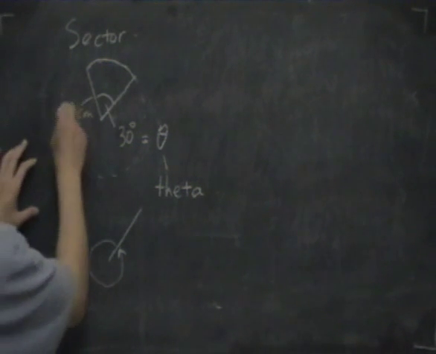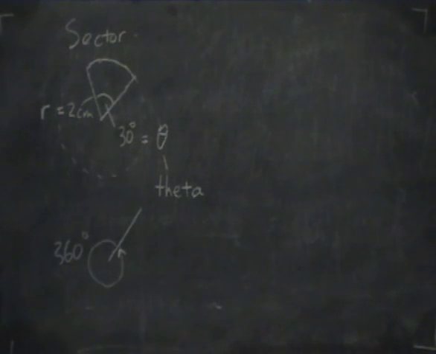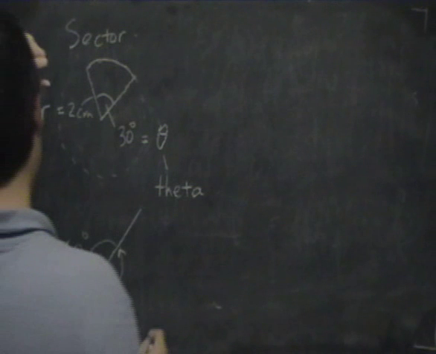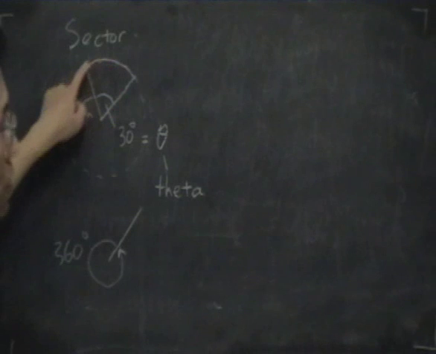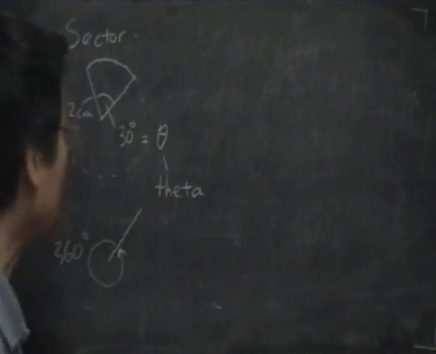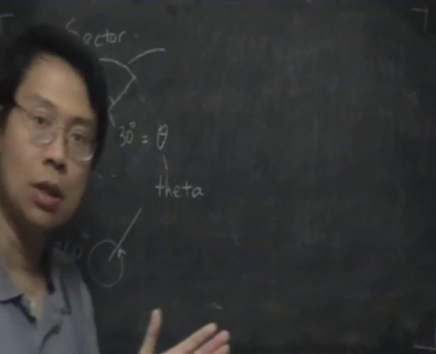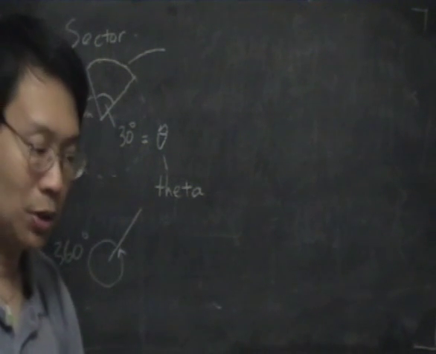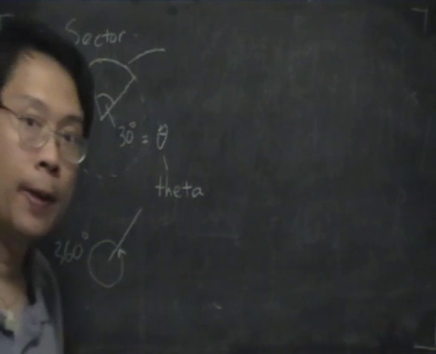Okay, so 2 is R. The other thing that we might also need to find is the length of the curved side of the sector. Now, this length here is really a segment, that means a small part of the circumference, right?